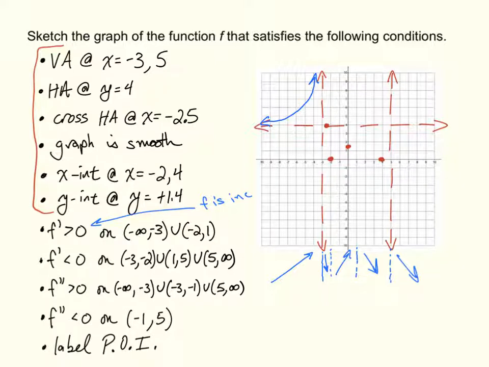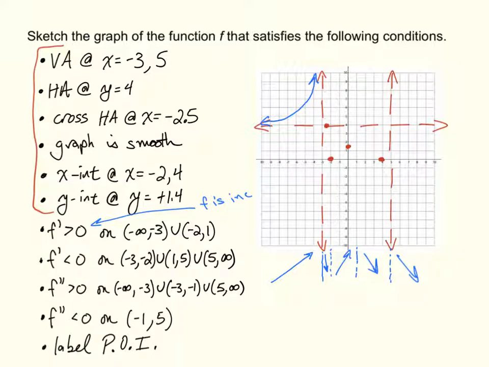As we start to the right of this vertical asymptote, or the interval in between these two vertical asymptotes, we know that the function is decreasing between the vertical asymptote at negative 3 and this point at negative 2.